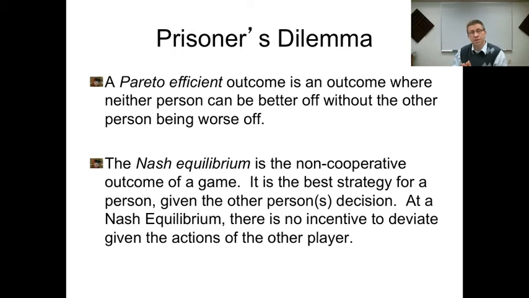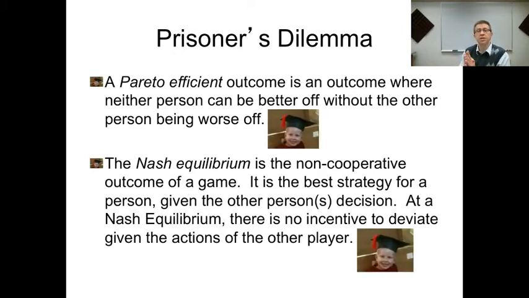The second definition on this page, the Nash equilibrium, is the non-cooperative outcome of the game. It is the best strategy for a person or a player given what the others are doing. So it takes the other player's choice as a given, and it assumes, could you be better off by switching your choice?